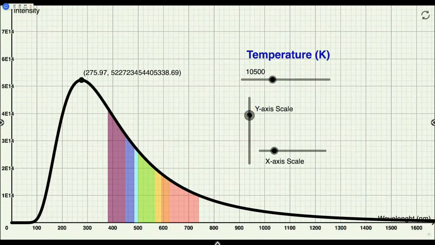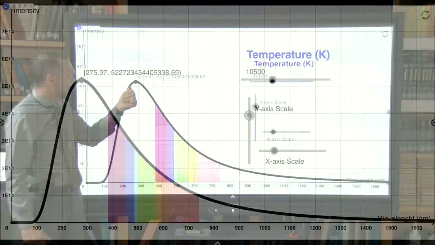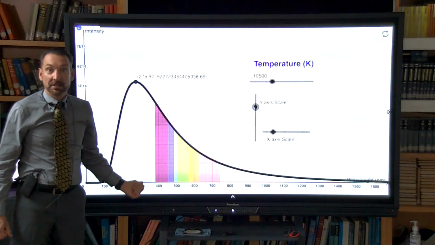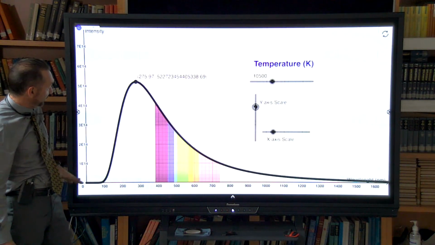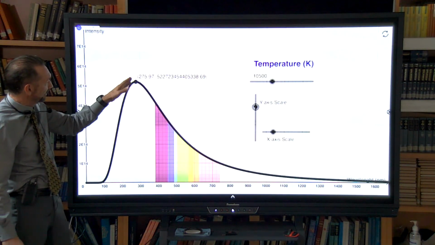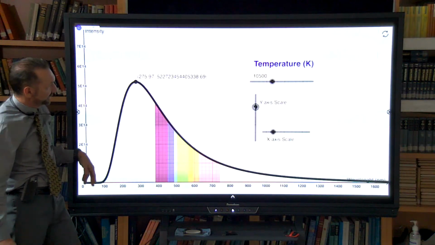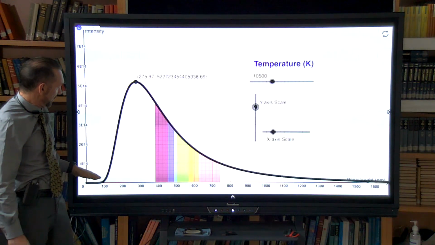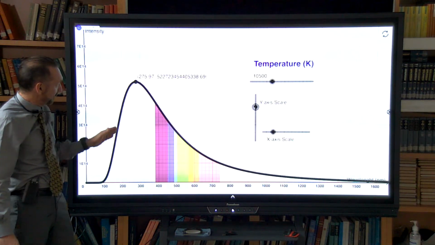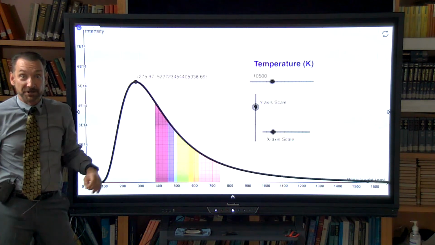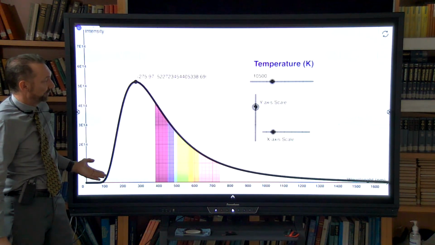So the intensity's gone way up, but now these are emitting in the ultraviolet, and our eyes aren't sensitive to them anymore. The shape of this curve, we haven't talked about it a lot, but the fact that this drops off here is what inspired Max Planck to come up with the quantization of energy and the photon scale.